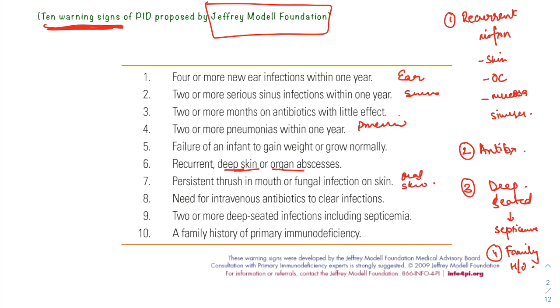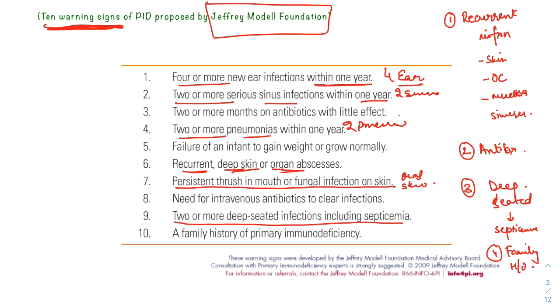These are checked within 1 year: 4 or more new ear infections within 1 year, 2 or more sinus infections within a year, 2 or more pneumonias within a year, or recurrent deep skin or organ abscesses, persistent thrush in the mouth or fungal infection on the skin, and 2 or more deep-seated infections including septicemia. These are the points of infections.